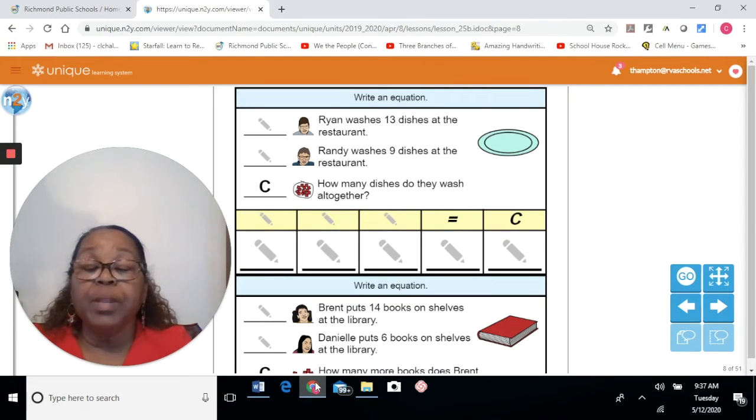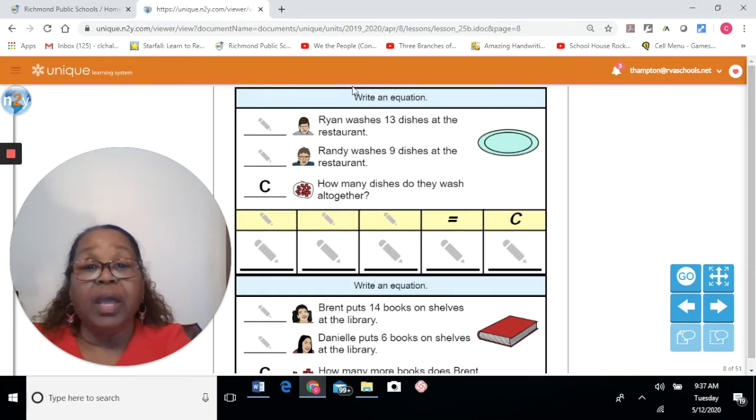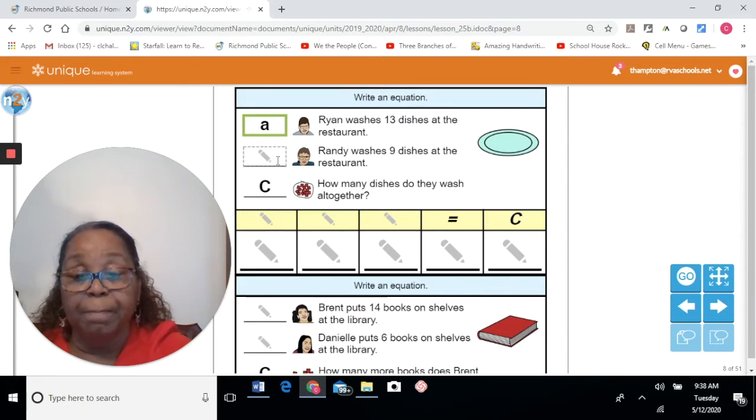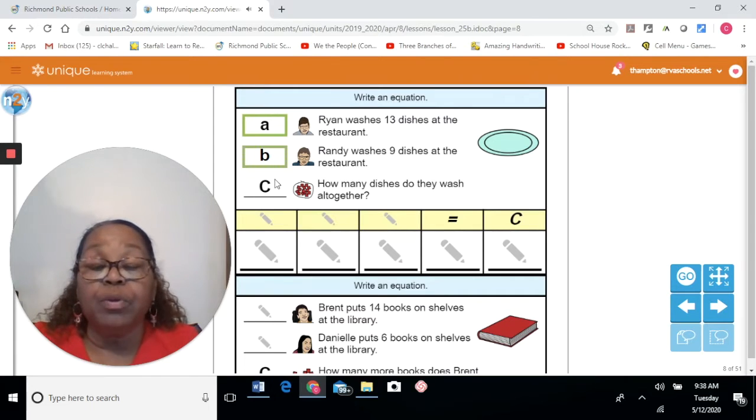Well, we're going to replace the numbers with alphabets. Ryan with 13 dishes is going to be A. Randy with 9 dishes is going to be B. And C is the variable that we don't know. That's the unknown variable. We do not know what the answer is.